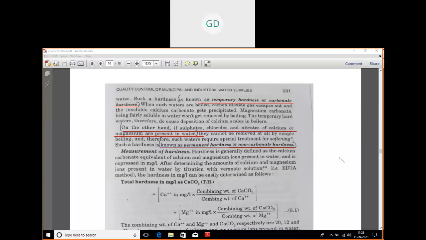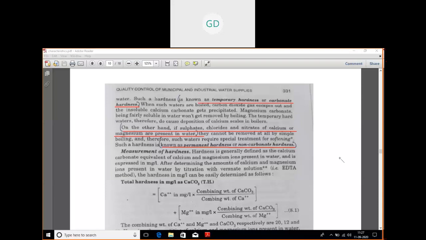Temporary hardness is also known as carbonate hardness, and permanent hardness is also known as non-carbonate hardness. Temporary hardness can be removed by boiling the water or by adding lime to the water. Permanent hardness can also be removed, but not by such an easy process.